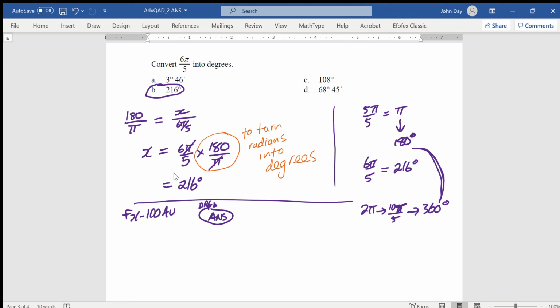Mine's in degrees mode at the moment, so I'd be able to straight away type in a radian measure and convert. So all I need to do is put in 6 pi on 5, and make sure it's entered.